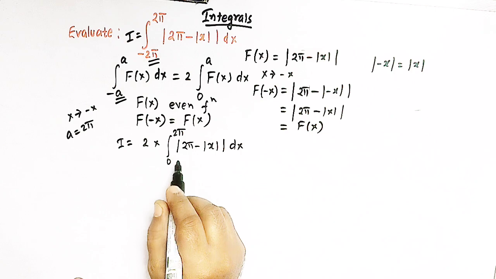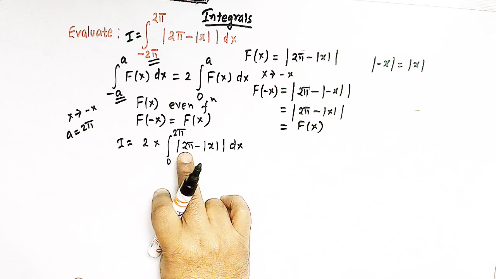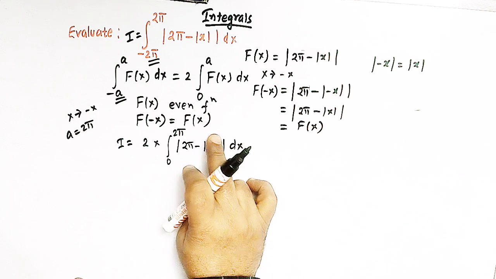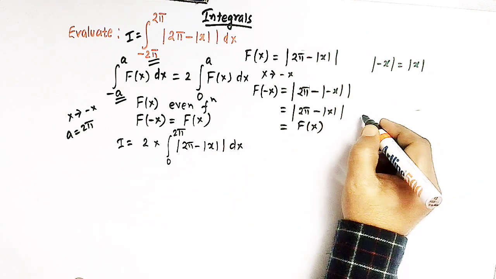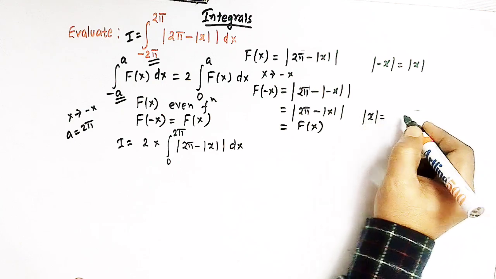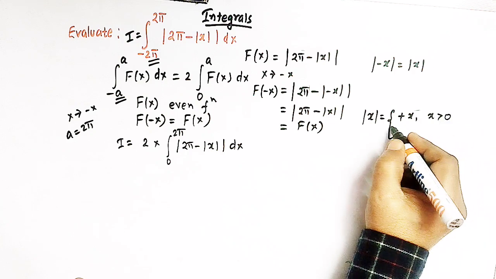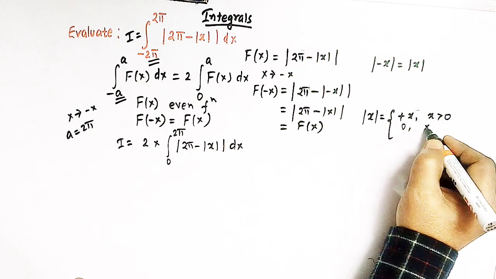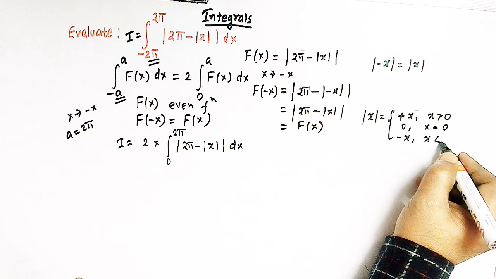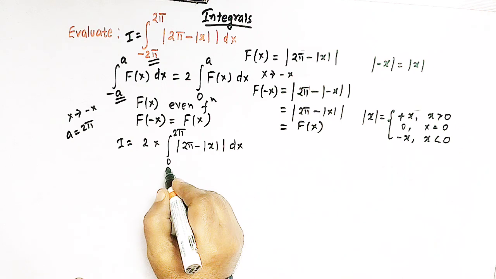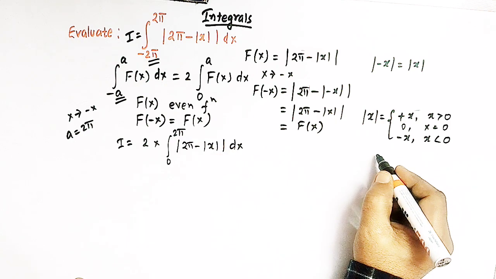Now we have to evaluate this integral, and we can see that we have mod of 2 pi minus mod of x, so let us apply the definition of mod function. Mod of x is defined as positive x whenever x is greater than 0, mod of x is 0 when x is equal to 0, and mod of x is negative x when x is less than 0. Here the limits of integration are from 0 to 2 pi.